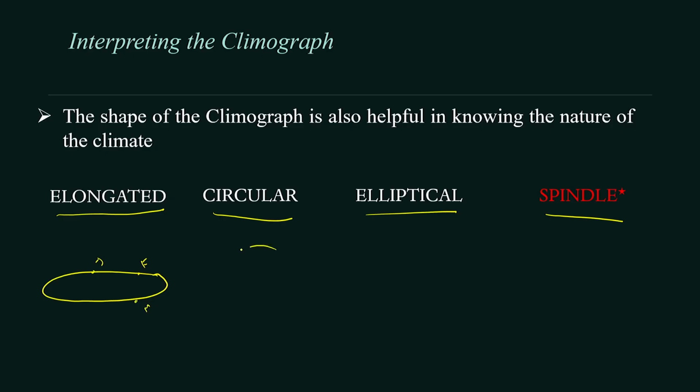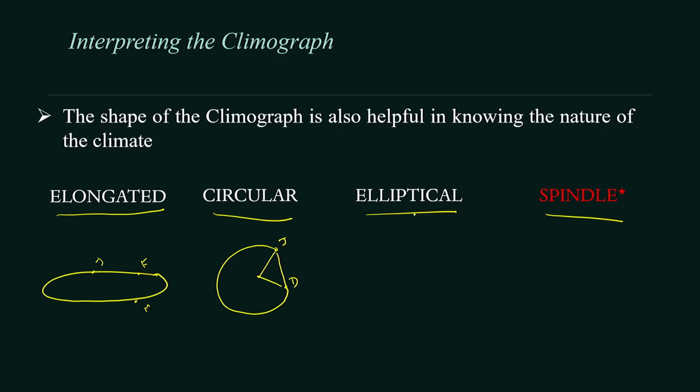Circular will not be the perfect circular shape, but somewhat a semicircle, an open circle form. For example, you have your January and December, and finally you will join them like this. It's not a complete closed circular shape, it is a semicircle.